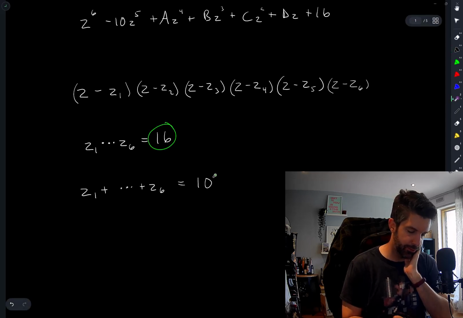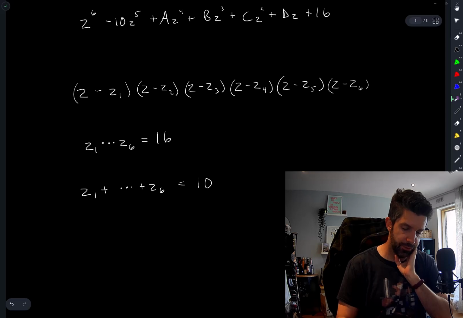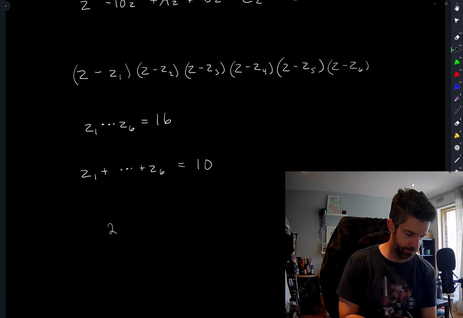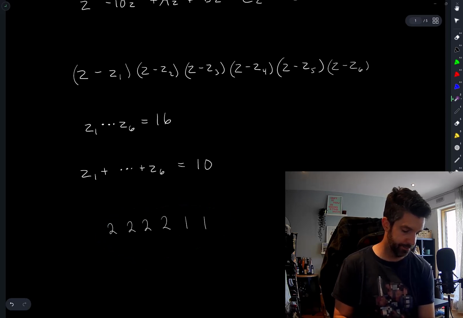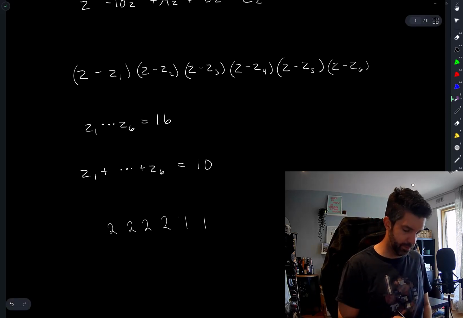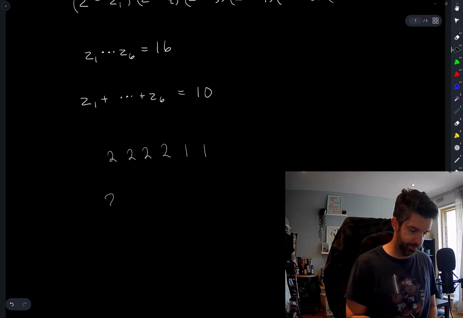They multiply to 16 and they add to 10, and they're all powers of 2. One, 2, 3, 4, 5, 6. Multiply these together, we get 16. Add them together, we get 10. I guess that's the only way to do this, right? Well, hold on. What if I go like 2, 2?